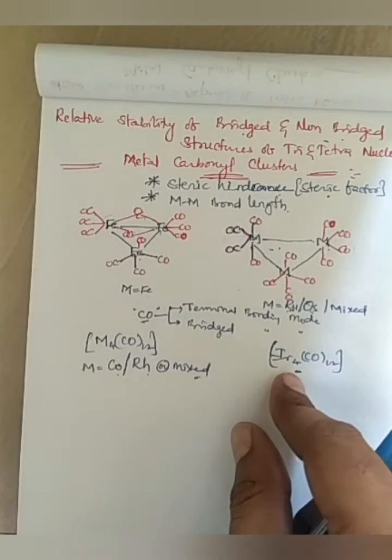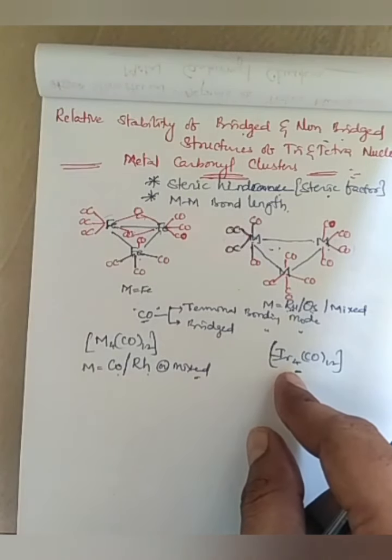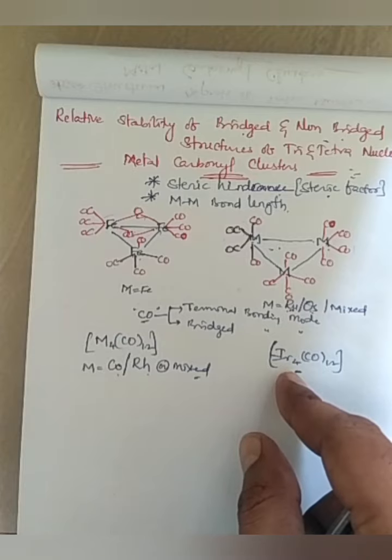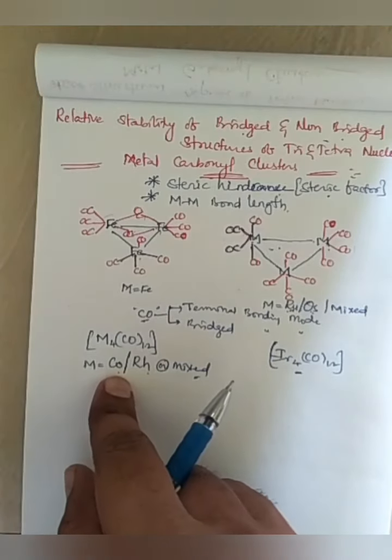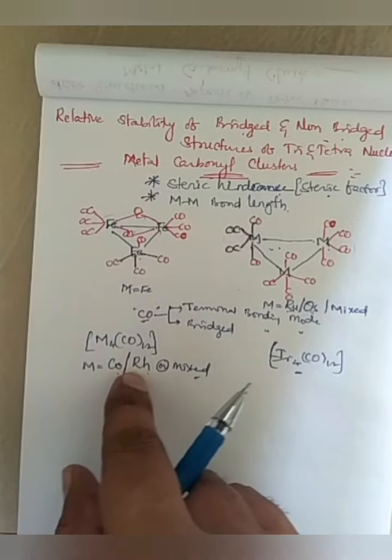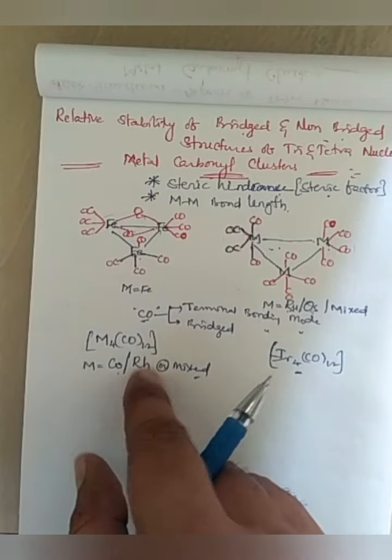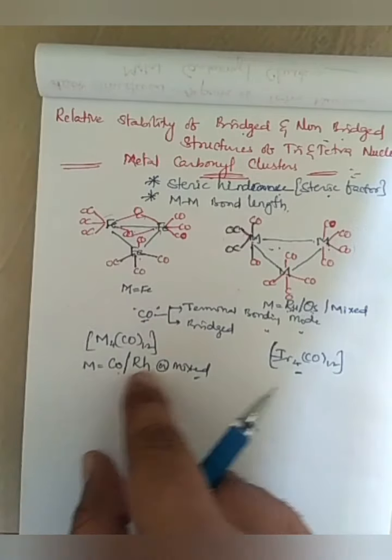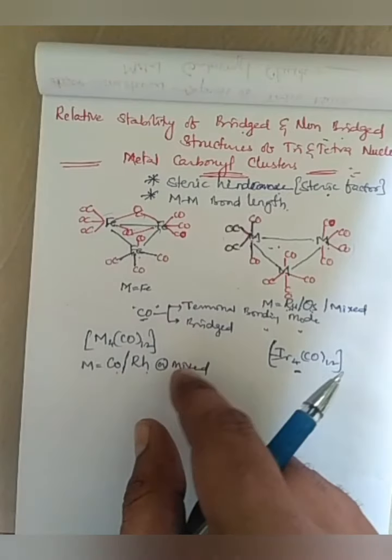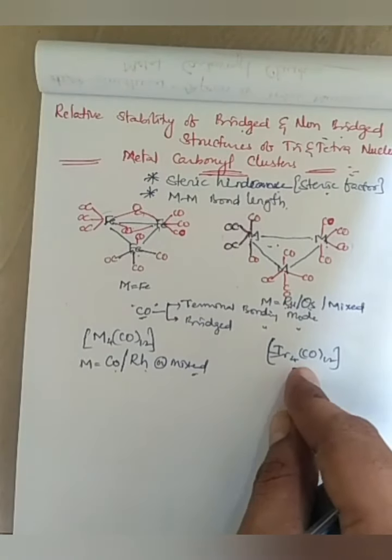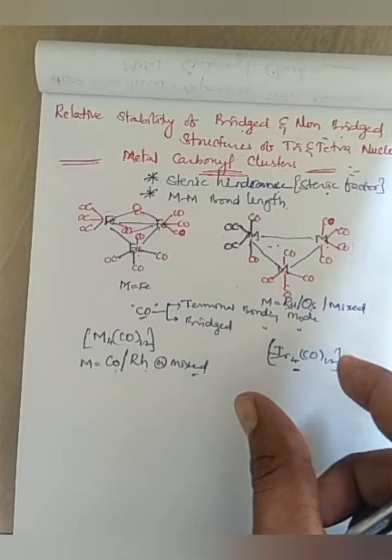Iridium is a fifth-row D metal, where the 3D metal is cobalt and the 4D metal is rhodium. So in size, these are smaller metal atoms, whereas iridium is a larger metal atom.